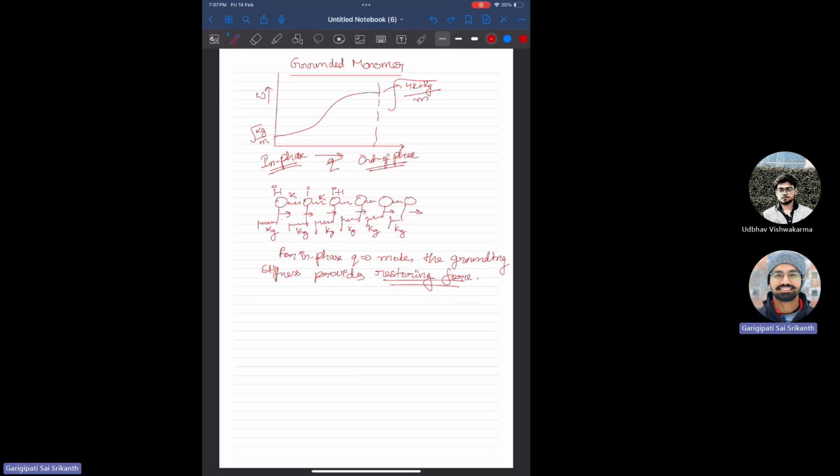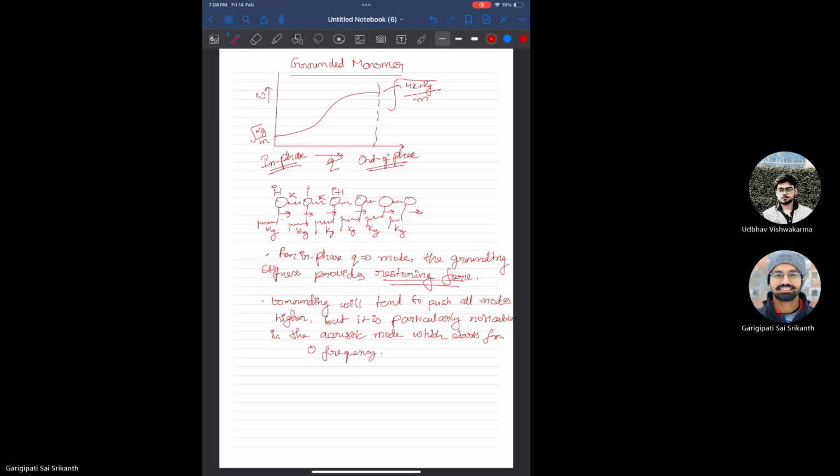So let me say grounding will tend to push all modes higher, but it is particularly noticeable in the acoustic mode, which starts from zero frequency. These are the key points for grounding.